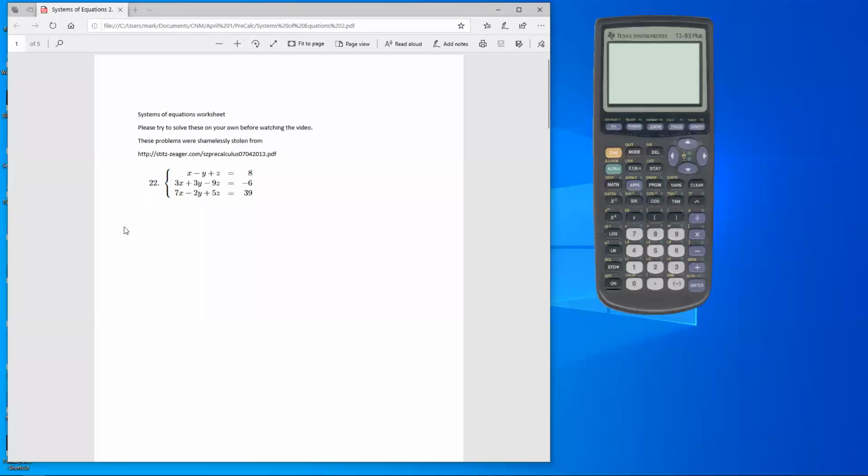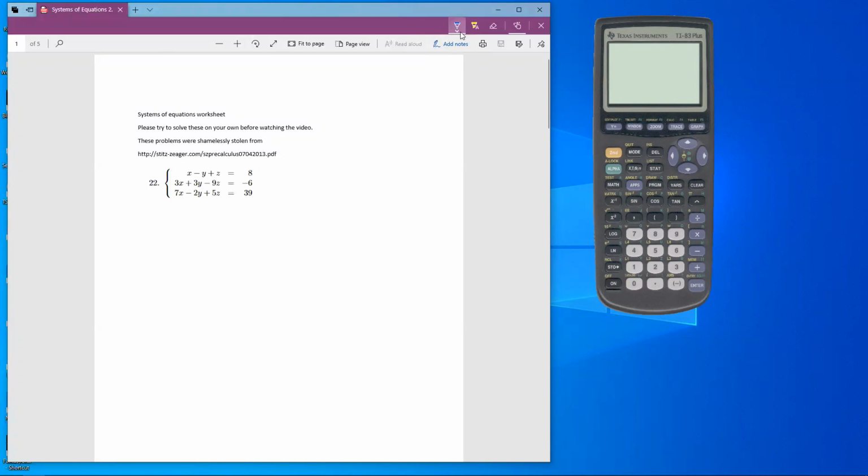So what I'm going to do is I'm going to go ahead and multiply equation 1 by -3, sorry about that, -3. So we're going to get -3x plus 3y minus 3z is equal to -24.